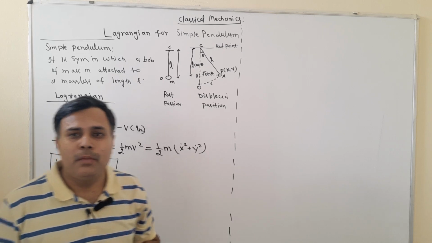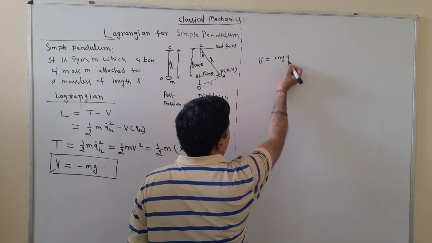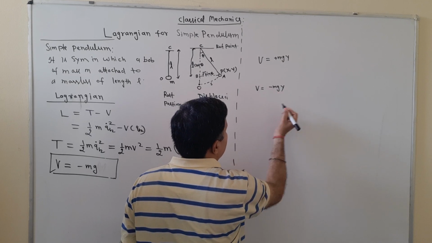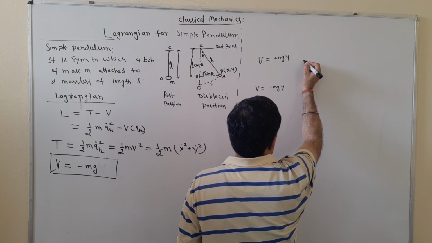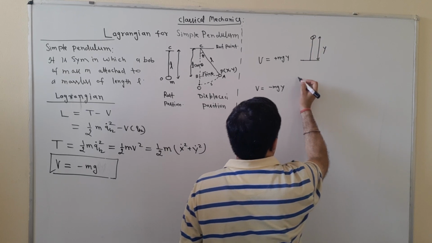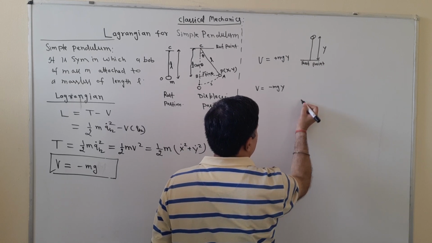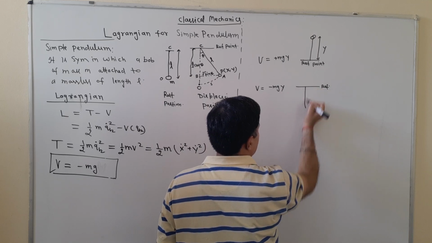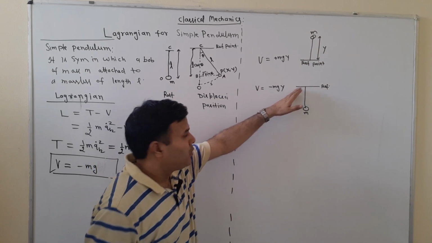And there is a separate story about minus and plus. In some situations you will find potential is mgy, and in some situations you will find potential is minus mgy. If this is the particle and this distance is y, then this is the reference point. I will tell you the exact meaning. Here the particle of mass m is below the reference point.